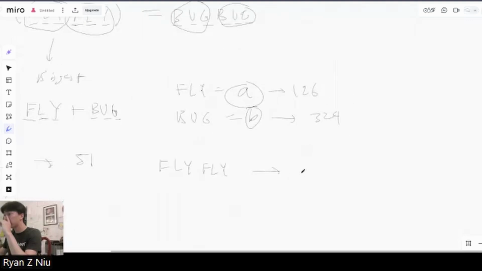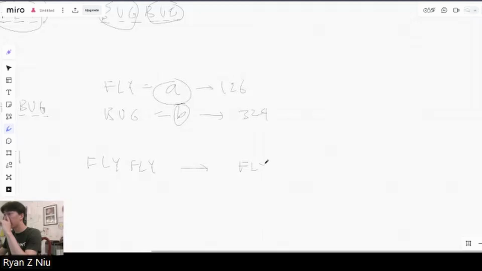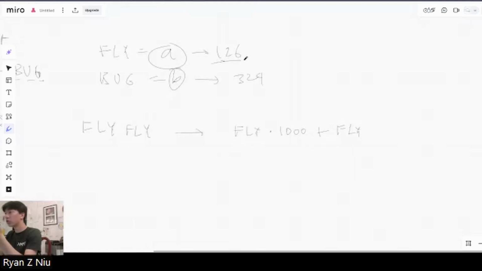FLY FLY really means we're taking FLY, multiplying by 1,000, and then adding FLY again. Why is this? If we take 126 times 1,000 plus 126, what we get is 126,126. That's because the three zeros at the end of 1,000 give us space to copy it over.